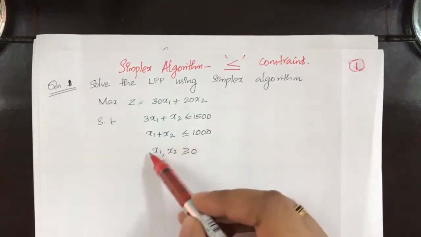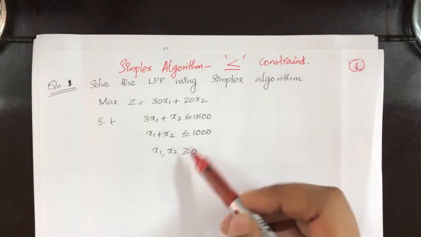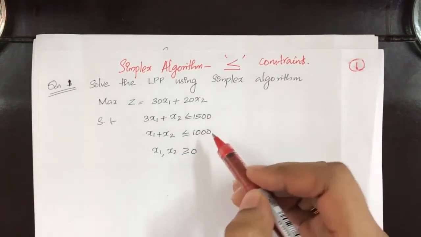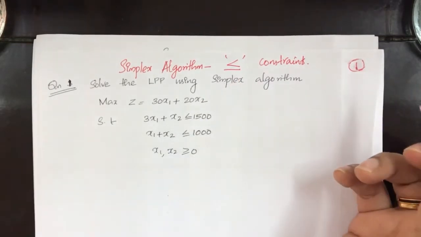In the formulation we do not consider the non-negativity constraint; here we are looking only at these constraints. Check whether these are less than or equal to constraints.